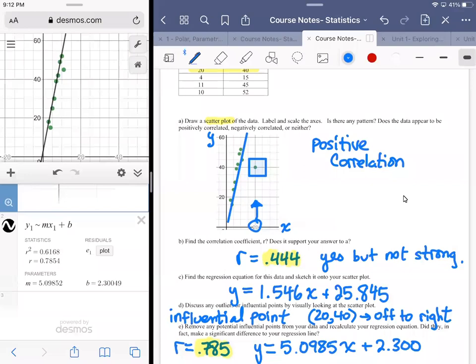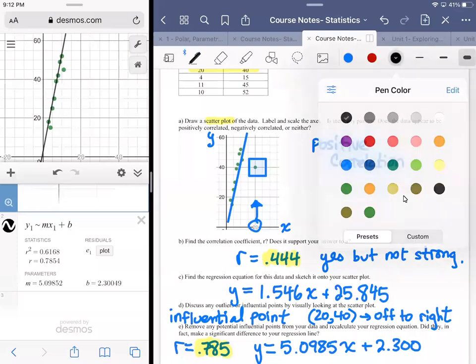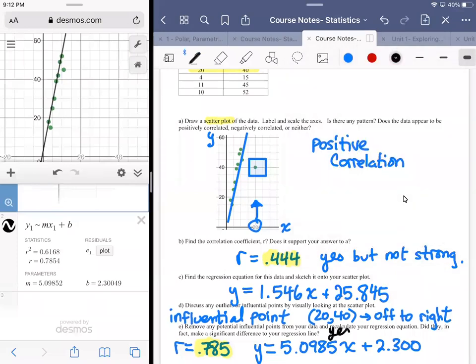But for now, we're going to eyeball it, and we're going to say yes. It's yes because R went from 0.4-ish to almost 0.8, so it almost doubled, right? And the slope and the y-intercept are completely different from what they were.